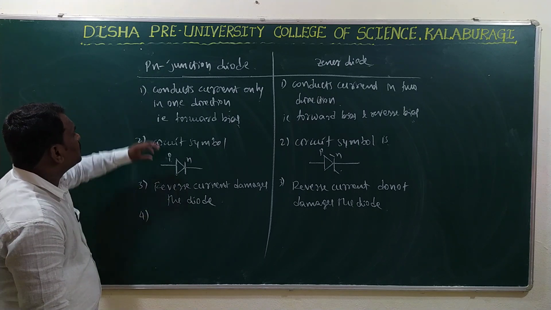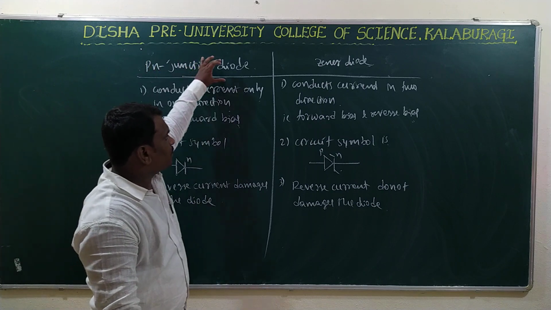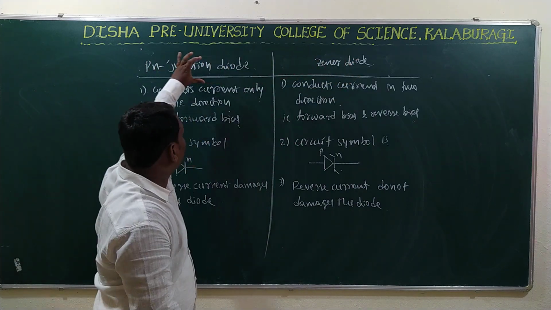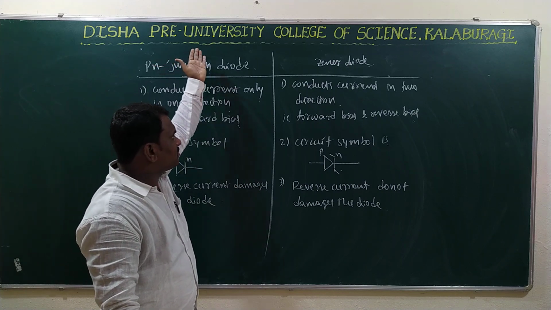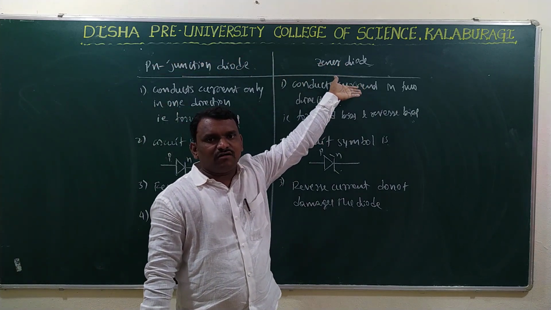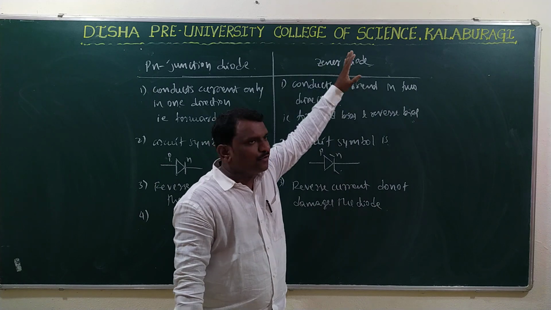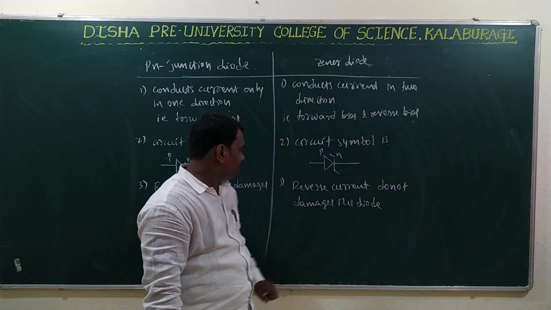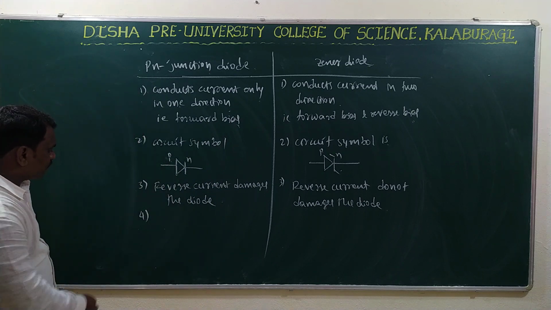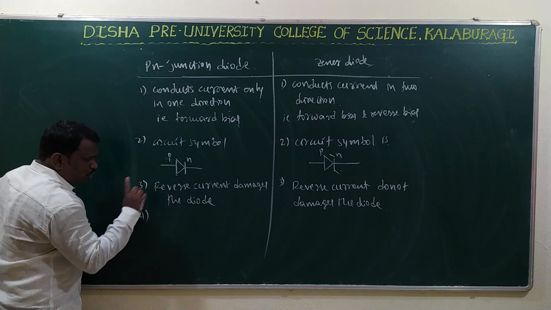Here, the PN junction diode, compared to the Zener diode, is a lesser doped diode, right? This is also made up of silicon, and the Zener diode is also made up of silicon. But in a Zener diode, the P type and N type semiconductors are highly doped, but in a PN junction diode it is lowly doped.